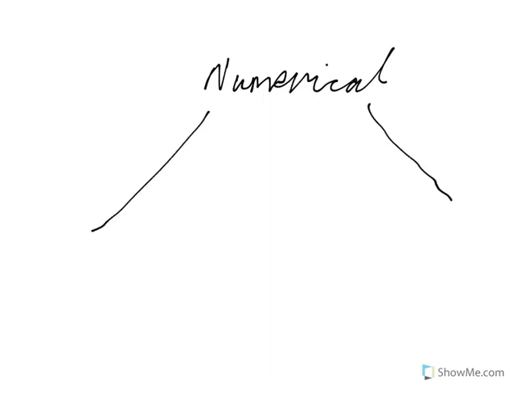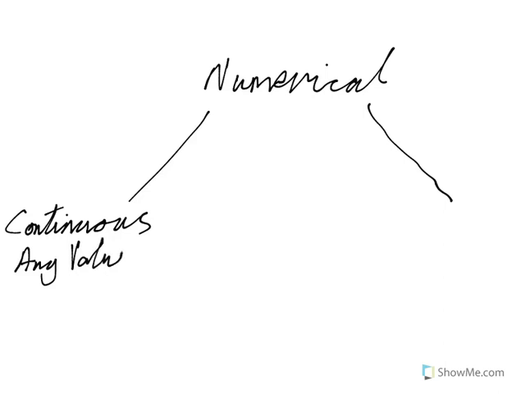So let's have a look at numerical, for example. Numerical can get divided into two groups. First group we'll look at is what we call continuous. Continuous means that we can have any value possible.